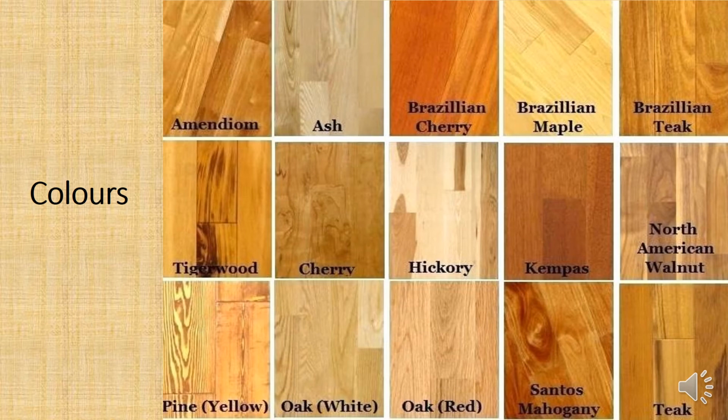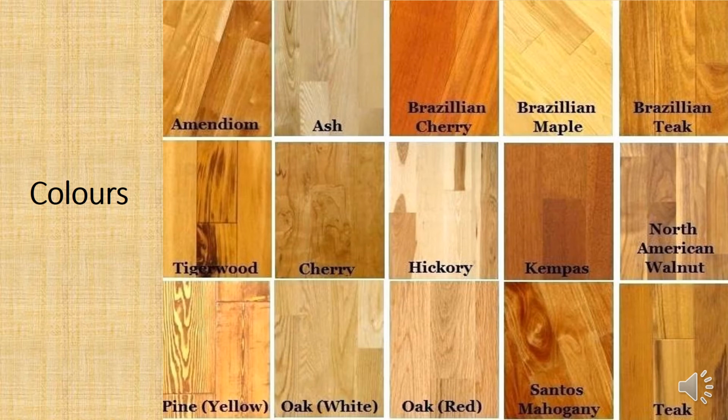So if you're building a timber floor, know that the type of wood you use is going to influence the color. And also you can see there's big variation in the grain. Some woods have very noticeable grains, things like pine.